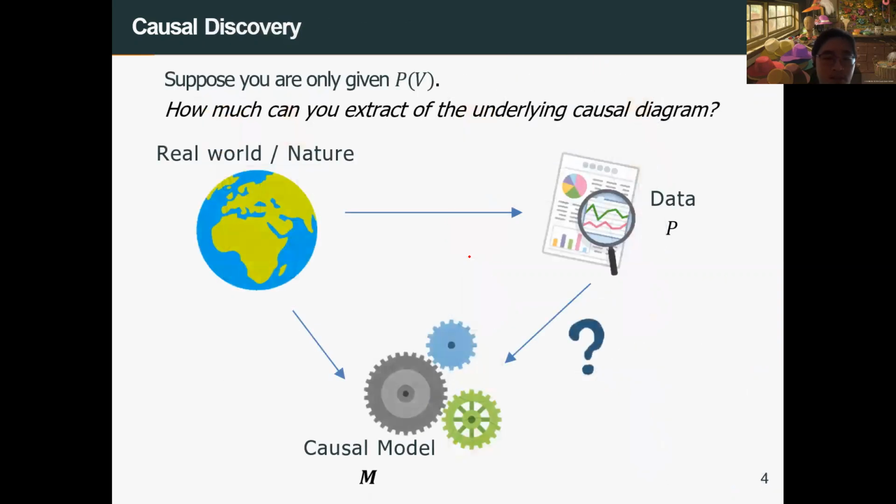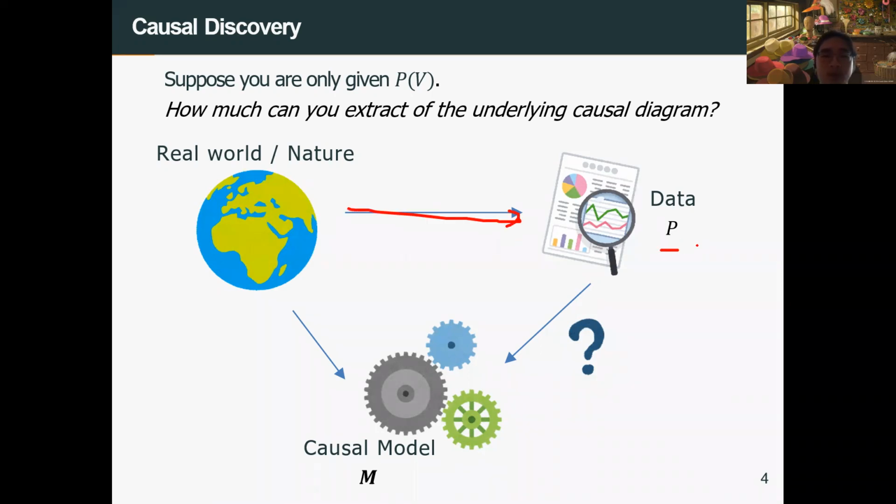I'll just move to the slide. To get a bigger picture of what causal discovery is, suppose that we're only given the data P(V), and the question we want to answer is how much of the underlying causal diagram you can extract. We have our real world, or nature, where we can observe certain data points.